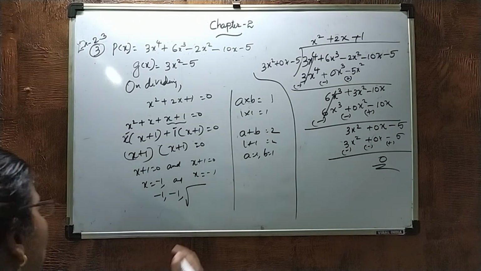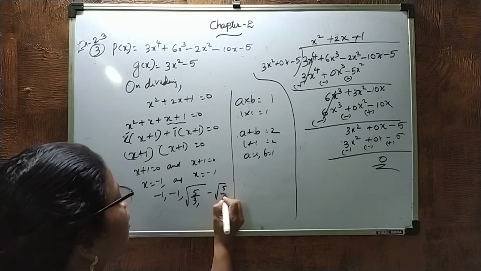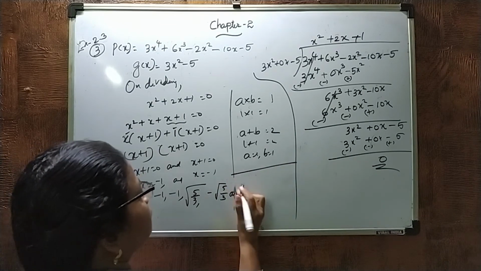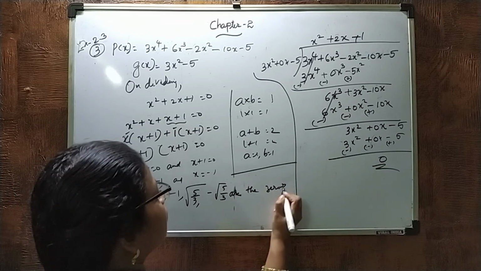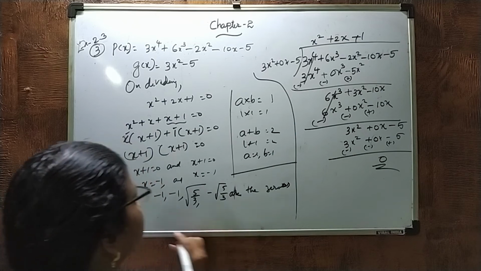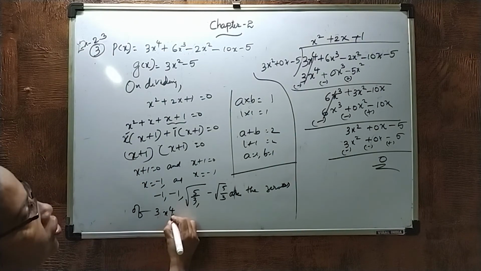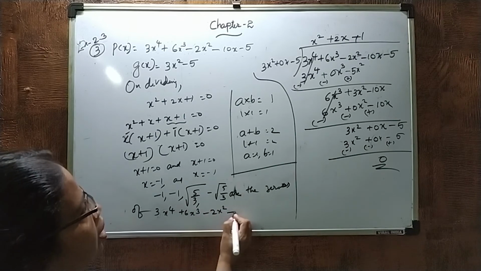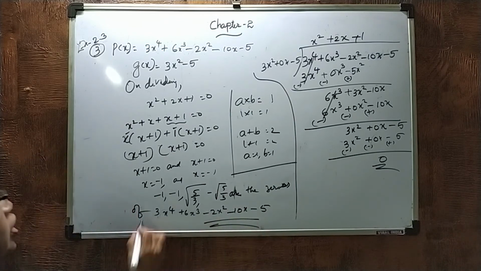Right, in this it is root 5 by 3 and negative root 5 by 3 are the zeros of x raised to 4 plus 6x cube minus 2x square minus 10x minus 5. This is the thing you have to write.